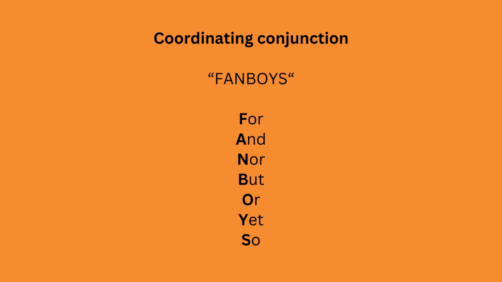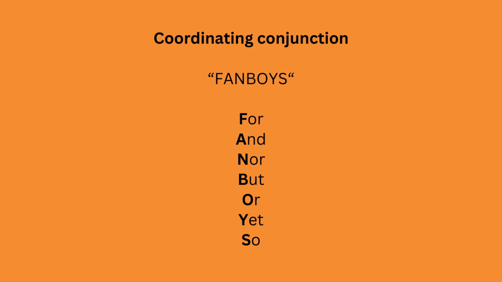Now, here is a mnemonic that can help us to remember some of the more generally used coordinating conjunctions. And the mnemonic is FANBOYS. F stands for for, A for and, N for nor, B for but, O for or, Y for yet, and S for so.